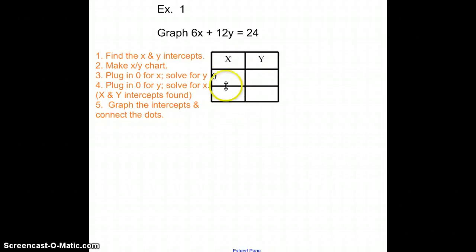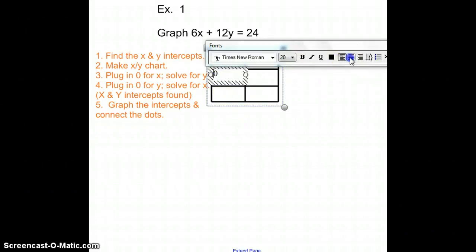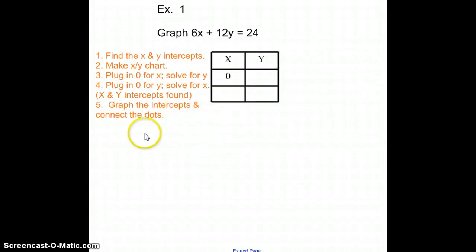Let's see if we can get that centered. There we go. So let's plug in 0 for x. Well, I don't want to use that pen. Sorry, guys. Let's pick a different color here. We'll do blue. So plug in 0 for x. 6 times 0 plus 12y equals 24.